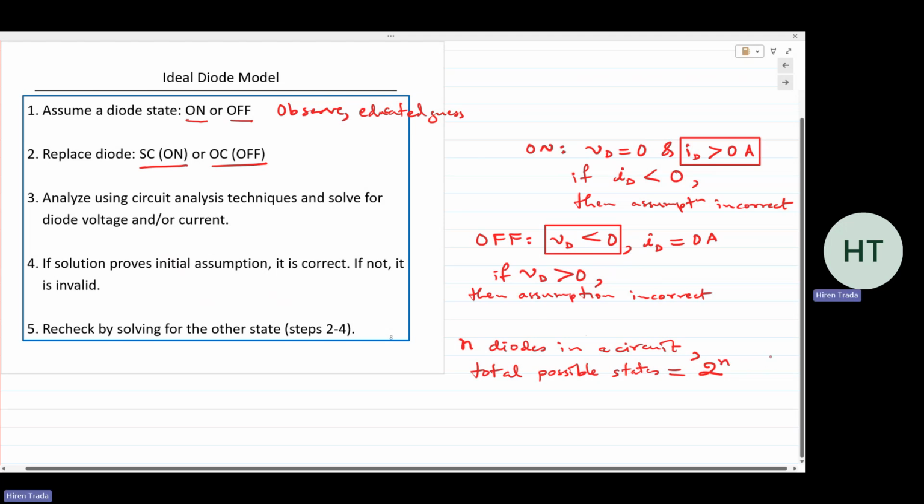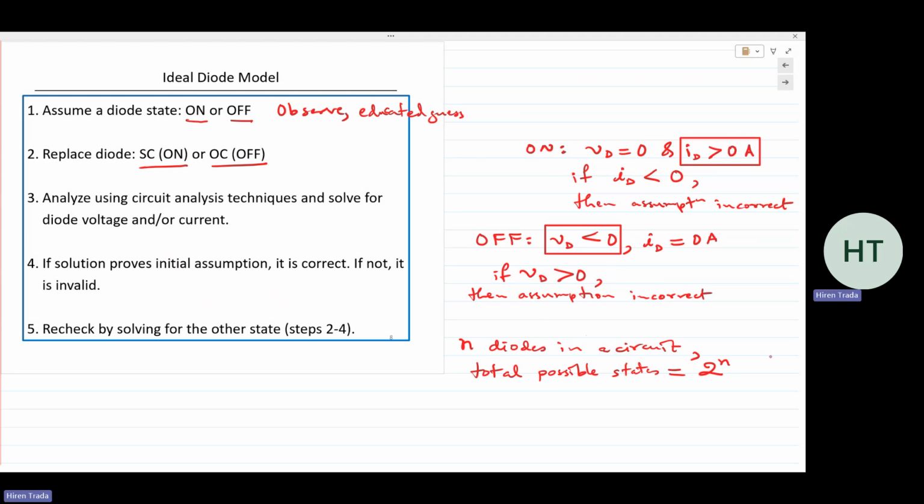Example, if you have two diodes, D1 and D2, either both are on or both are off. That's two possible states. Then it could be D1 on, D2 off. That's a third state. And then D1 off, D2 on, fourth state. So there are four possible combinations that you need to test. So again, if your first assumption proves incorrect, you have to try another one. If that one proves incorrect, try the third one. If that one's incorrect, try the fourth one. Okay.